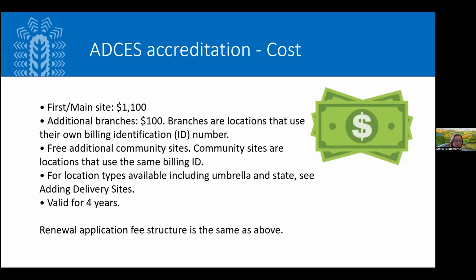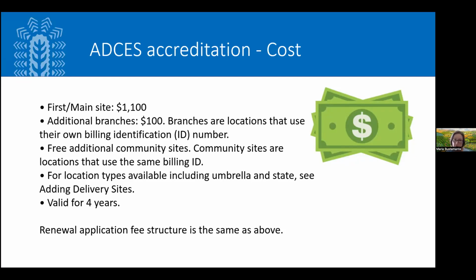What is the accreditation cost? The same thing as the DPP program. We do work closely with ADSES, as I mentioned, and the cost for the first main site is $1,100, and then there are two different concepts, which are additional branches or additional community sites. The difference between them is whether or not you're billing with one or many billing IDs.